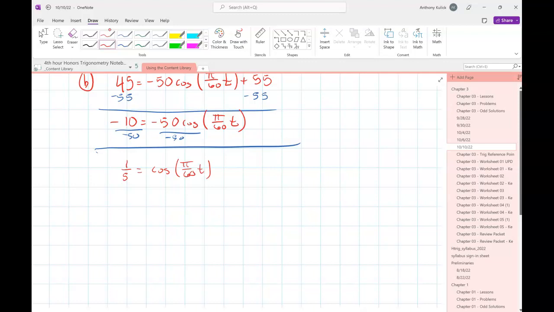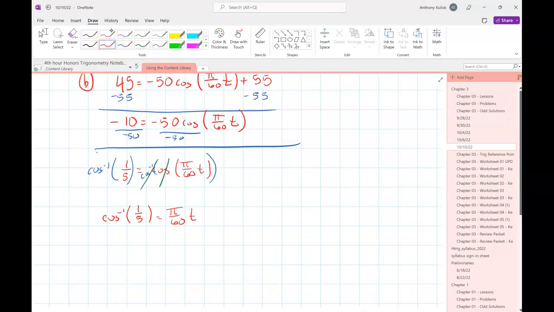Very good, we'll use inverse cosine, because the inverse cosine is going to just cancel out regular cosine.